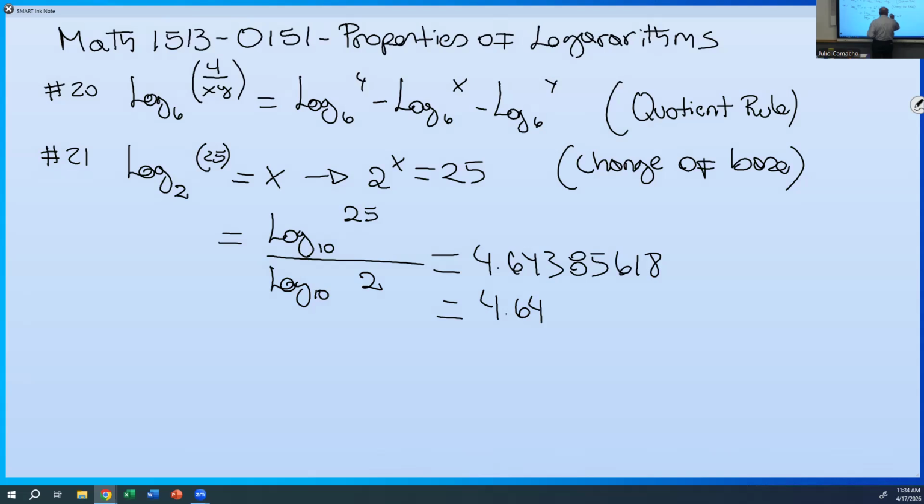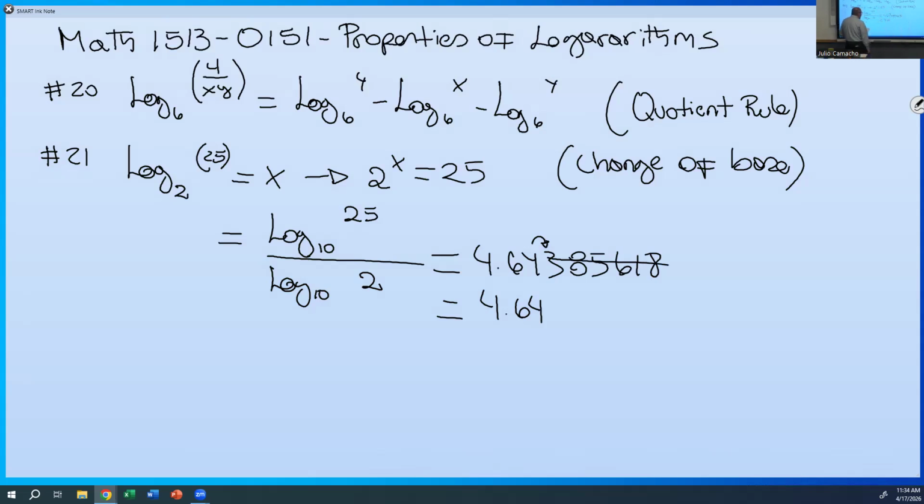That will be 4, and when I look to the right, it's a 3. Because 3 is less than 5, then I round this down. I will drop all these other decimals, and my answer will be 4.64 because they are asking for 2 decimals.